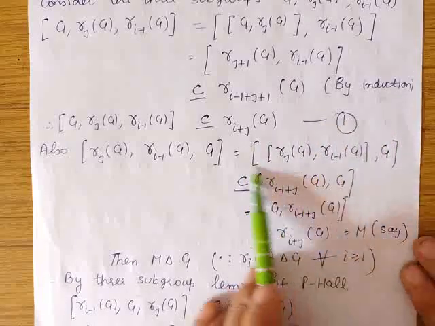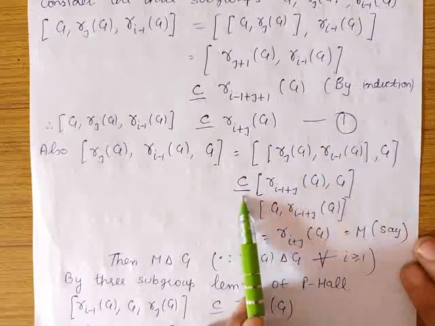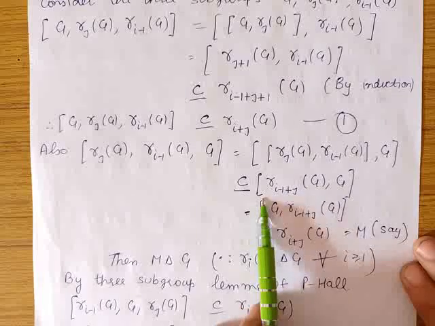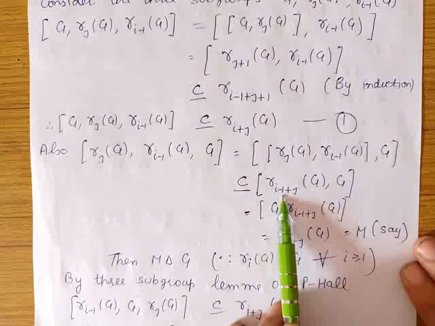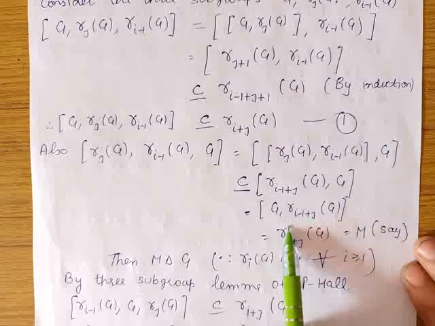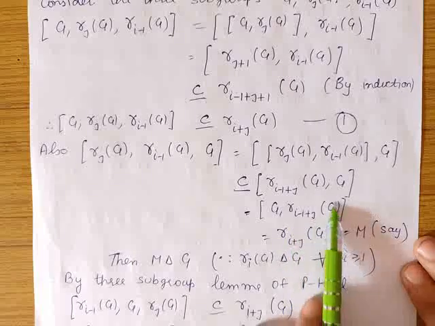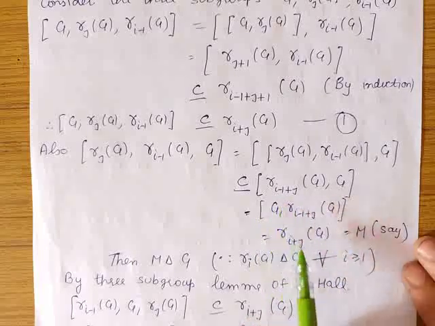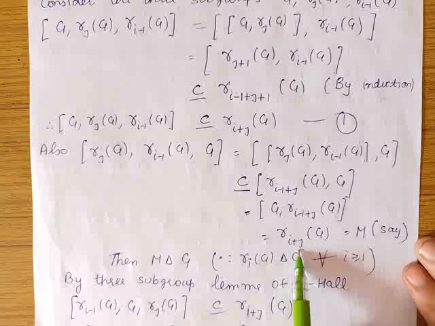So this whole commutator will be contained in the commutator of γ_{i-1+j} with G. Now this can further be written in this way, and this is γ_{i+j}.